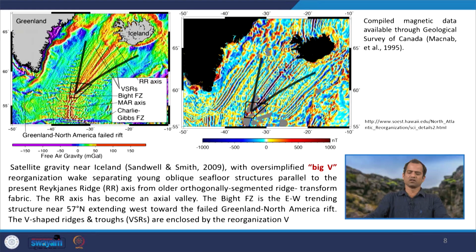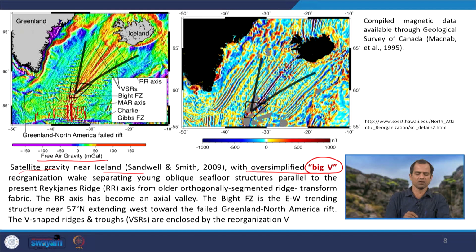Now, here along this East Pacific Rise two figures are presented, and if you see here, this is the gravity anomaly and this is the magnetic strips. So, now if you see here, satellite gravity near Iceland with an oversimplified big V, you can see here, because earlier this was the orientation of this mid-oceanic ridge and these were the magnetic strips.